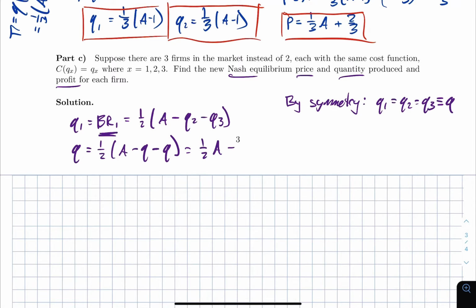Okay. So then to find price, we take Q, which is equal to the sum of the quantities, which in this case we have 3 firms, each producing 1/4 times A, which gives us 3/4 A. So we take this and we plug it into the inverse demand, which is A minus Q, which is 3/4 A, which is 1/4 A. Okay, so that's nice.